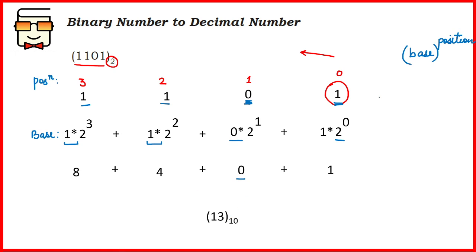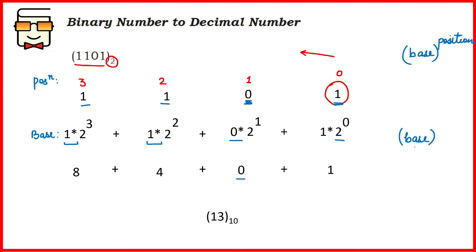So there are 4 major steps that you have to perform while converting a number in any number system into a decimal number. First you have to write the base value of the number. If it's a binary number, this value will be 2. In case of octal, it will be 8. In hexadecimal, it will be 16.